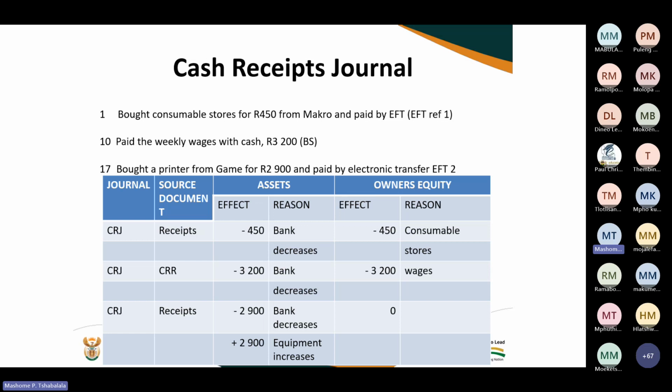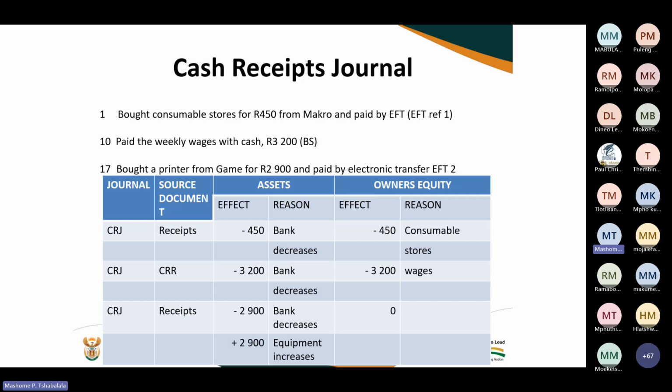On the second transaction, paid the weekly wages with cash, 3,200. What will happen here again? Under assets, 3,200, bank decreases, and wages of 3,200 have a negative impact on the owner's equity. Therefore, owner's equity will decrease by 3,200.